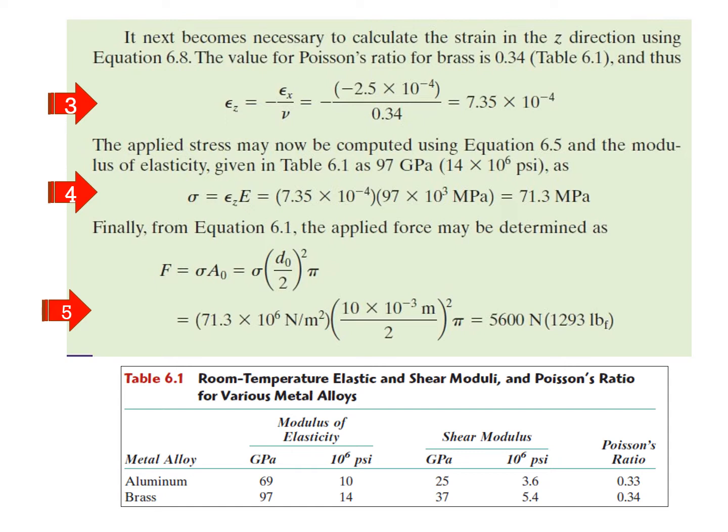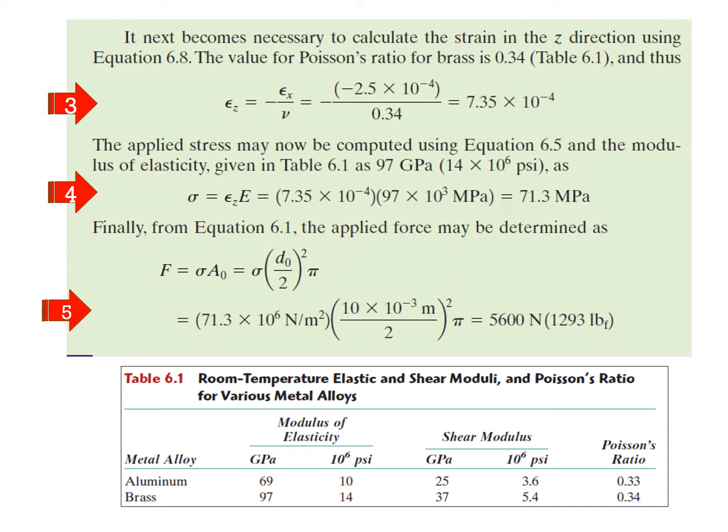Because they give you the Poisson ratio through the table, you can use it to compensate: the strain in the z-axis equals the negative of the strain in the x-axis divided by nu. Substituting all the values, you obtain 7.35 times 10 to the power of negative 4, without any units.